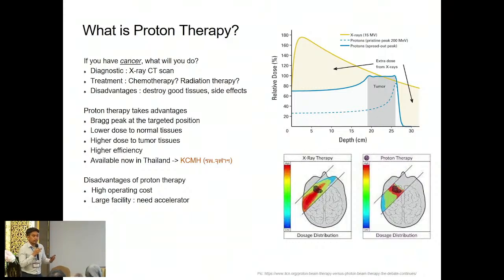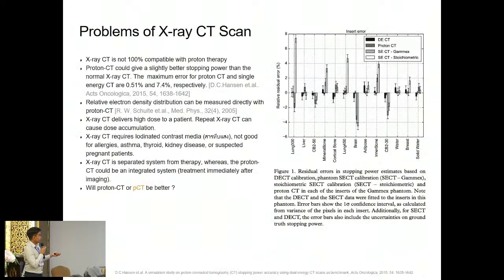But won't it be better if we can construct an image of the body with the proton, that tells which organ, how many doses of the proton will deposit energy into that organ directly? That would be better. And for sure, there are already some calculations and a lot of publications reviewing that PCT, the proton CT scan, would give slightly better stopping power compared to the normal CT.